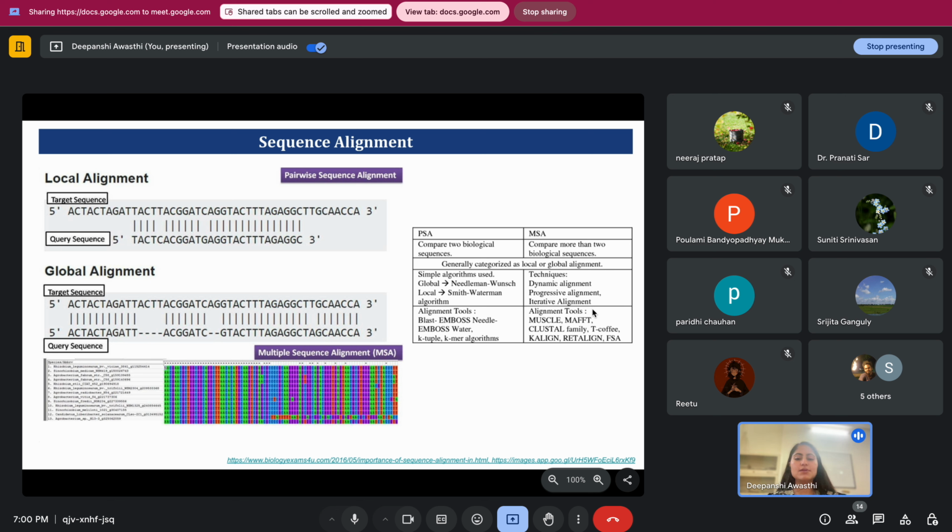Whereas for multiple sequence alignment, the tools you use are MUSCLE, MAFFT, Clustal Omega or Clustal W, T-Coffee, and Kalign, and these tools are available at the EMBL site. I am also providing you with the link if you want to explore these tools. You can go through these links whenever I share the presentation with you.